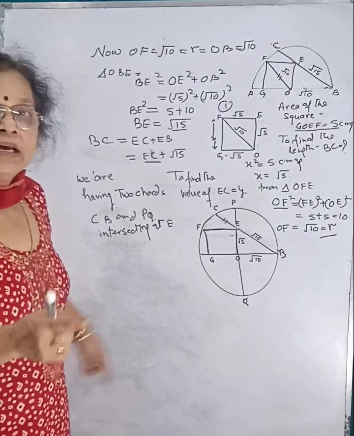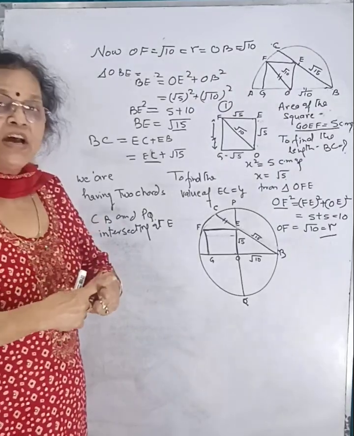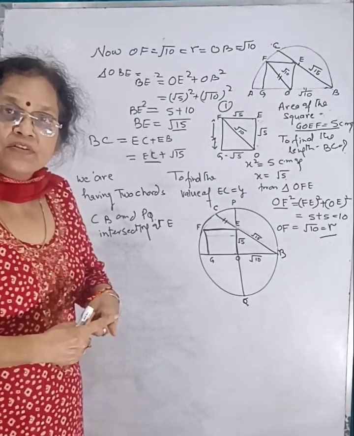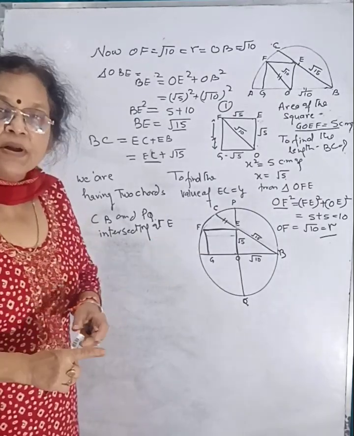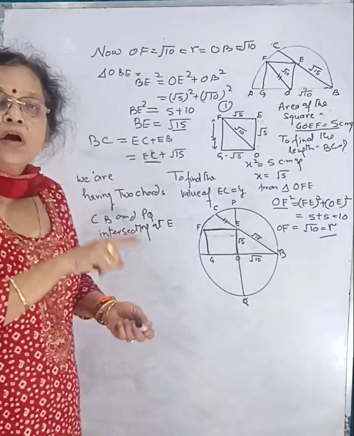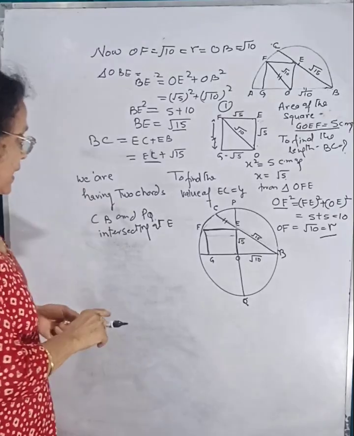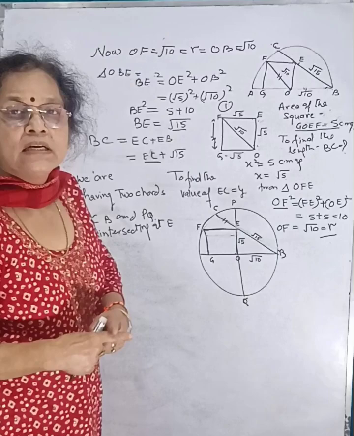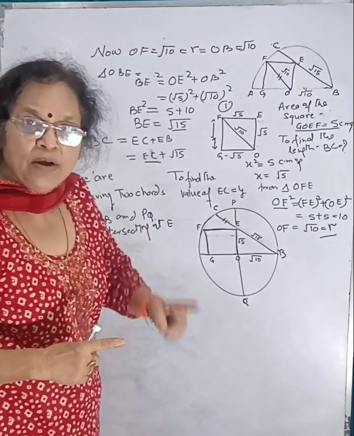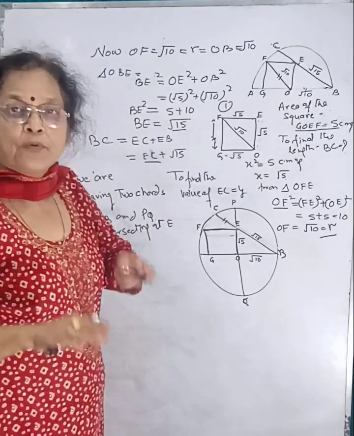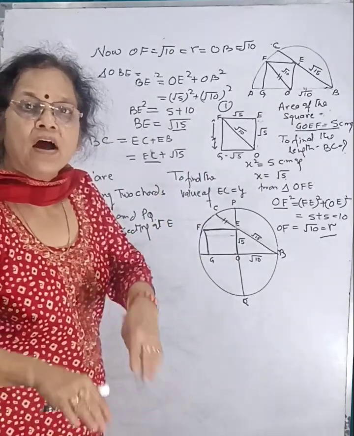Thus, when two chords cut each other inside the circle, then at the cutting point, the product of the segments of one chord is equal to the product of the segments of the other chord.